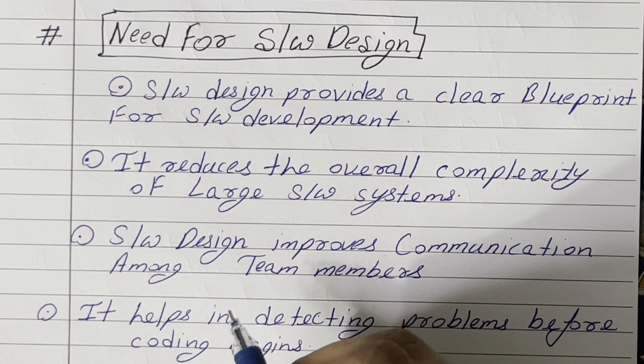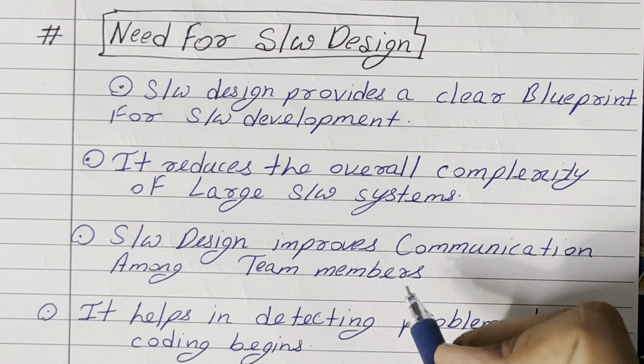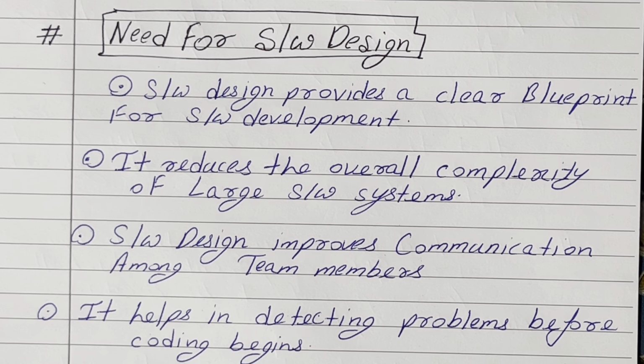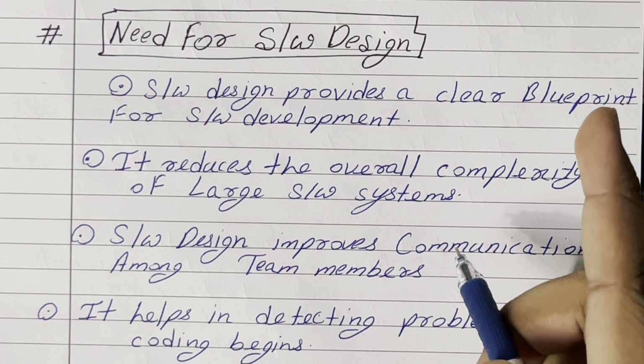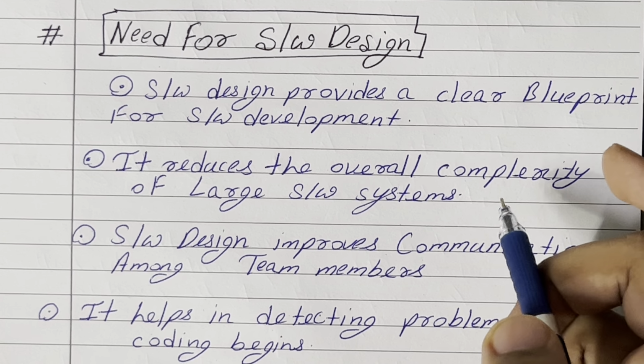Next, software design improves the communication among team members. Software development generally involves software architects, programmers, testers, database administrators, project managers, and clients. Without a common design document, misunderstanding may occur regarding system functionality and implementation details.